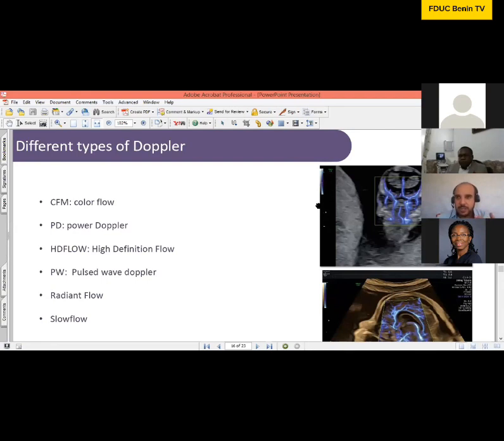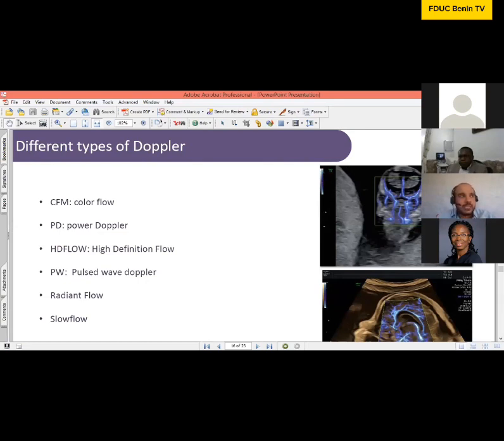Then the frequency, where you have this compromise between penetration and resolution. And the fourth thing is the gain. So if you follow clearly these 4 steps, depth, focus, frequency, and gain, you will really have a good image quality, and you will be sure that you have done what is necessary to improve your image quality.